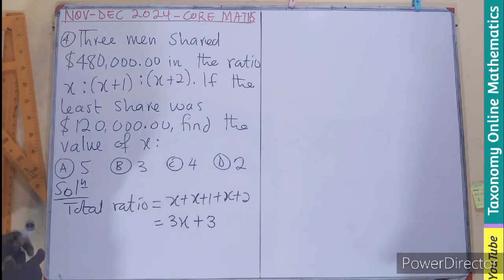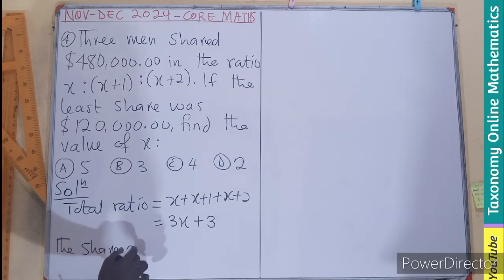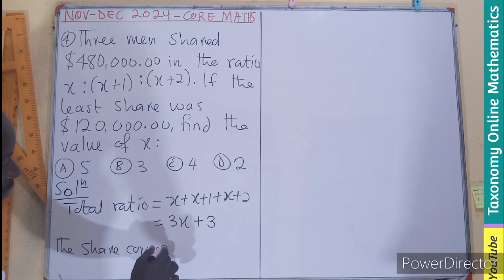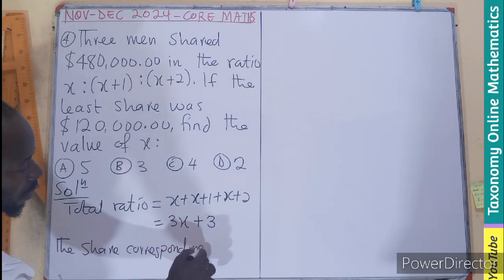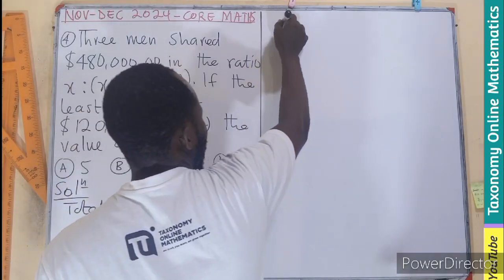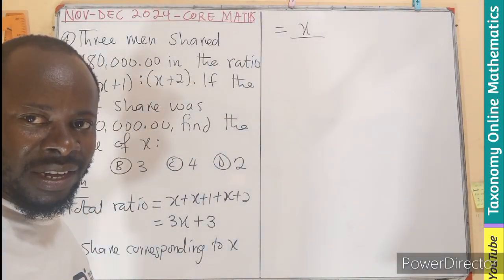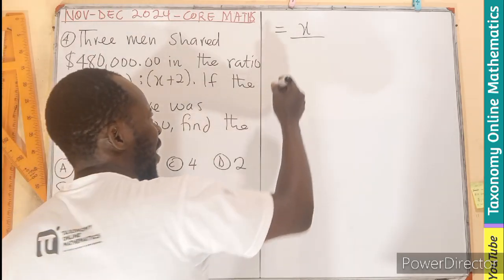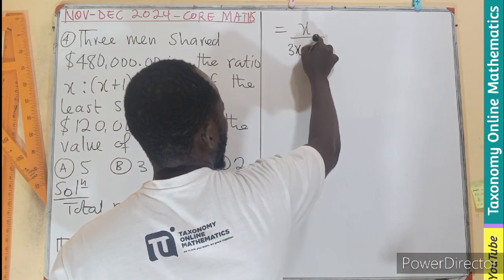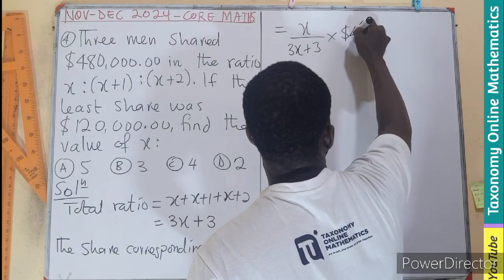So the share corresponding to x will mean the ratio of x divided by the total ratio times what they are to share.